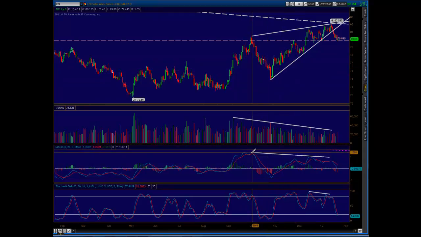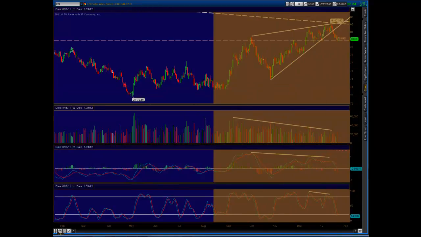On the way up, you can see the bearish divergence on the moving averages of the MACD, the contraction volume, and the bearish divergence on the stochastic.